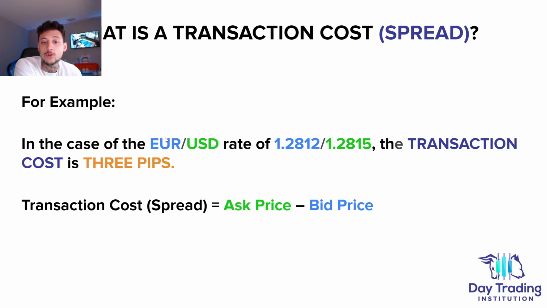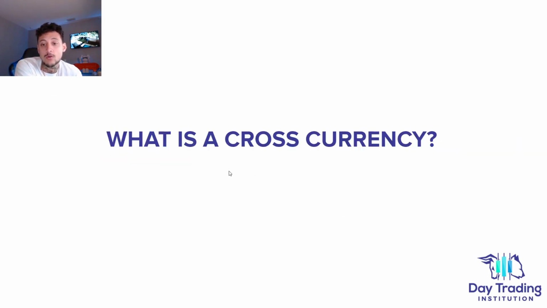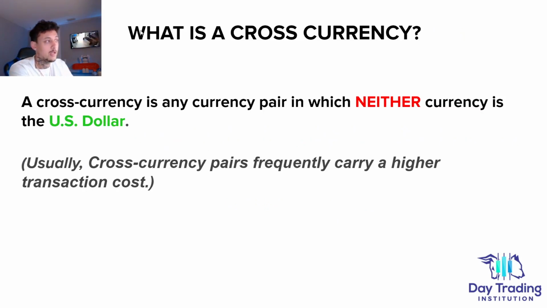In the case of Euro USD being at the exchange rate of 1.2812 and 1.2815, the transaction cost is 3 pips. The transaction cost is the spread, which equals the ask price minus the bid price. Again, that's just how the brokerage makes their money, all throughout spread.